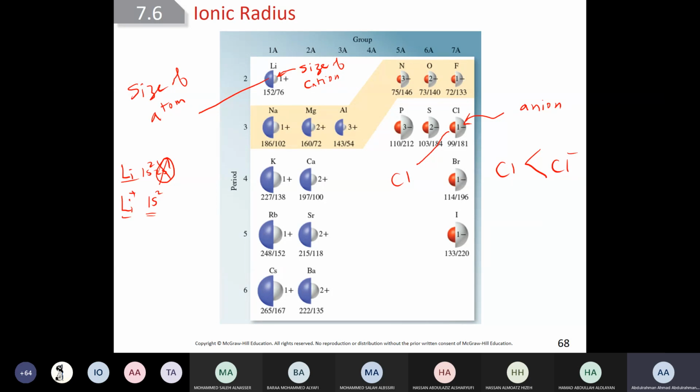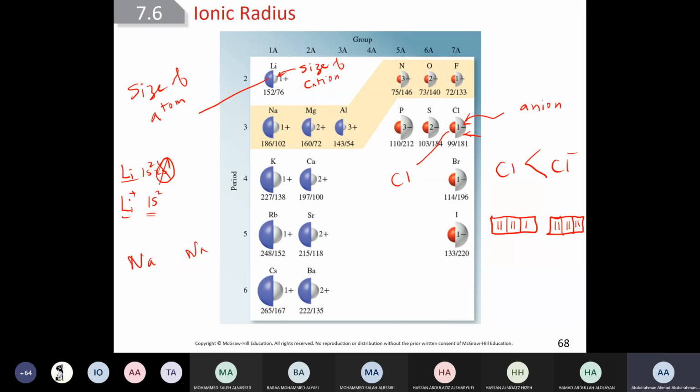There were only 7 electrons here, and here in Cl minus, you have 8. You are adding electrons. The electrons repel each other, and this becomes larger in size.